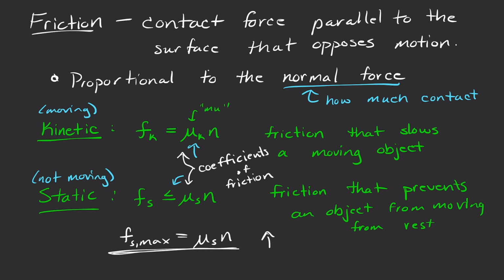So the force of static friction can vary up to some maximum value, and once you push beyond that max value, the object will start to accelerate and move, and then you're going to start dealing with kinetic friction. That's a brief overview of all the different types of forces that we might see in general physics.